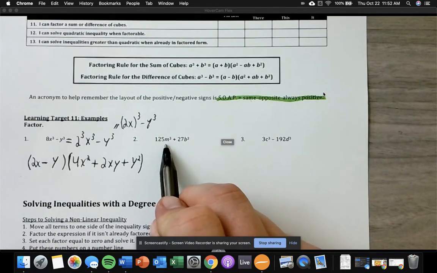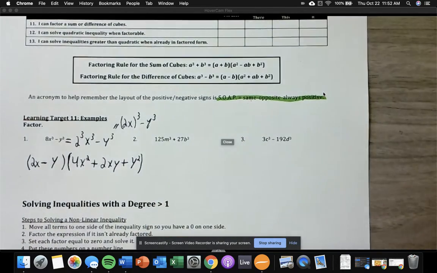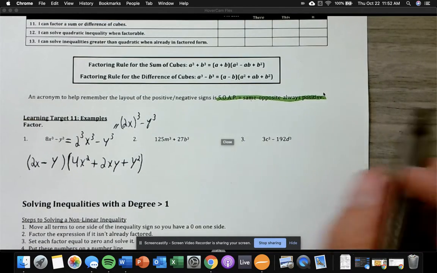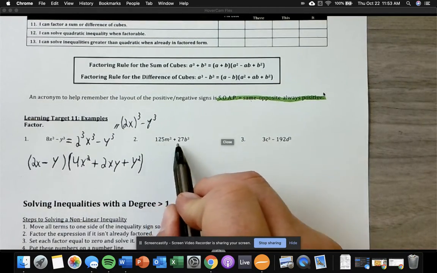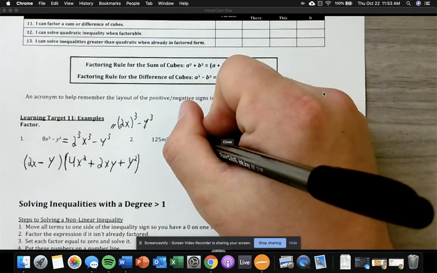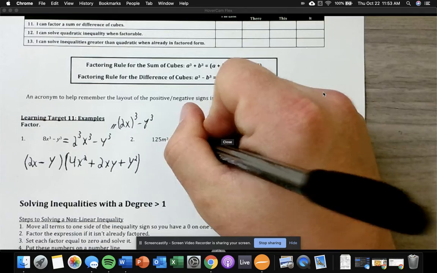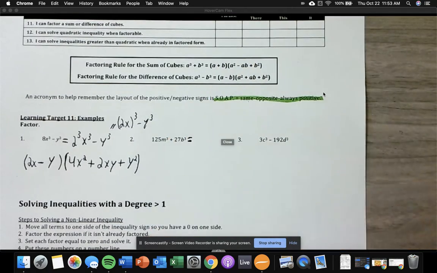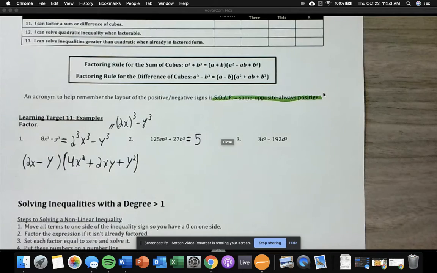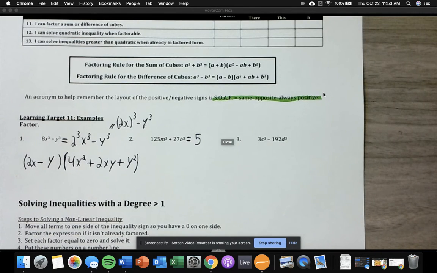We have 125 times m raised to the third power plus 27b raised to the third power. We've got to think 125 and 27. Can we rewrite that? I know 125 is the same thing as 5 raised to the third power, because 5 times 5 is 25, times 5 is 125.